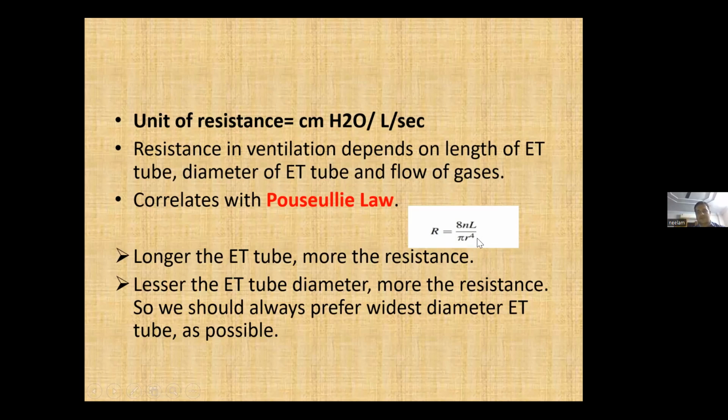Suppose you reduce the diameter of your endotracheal tube to 1/4, the resistance will increase by 16 times, that is 4 to the power of 4. So that is why you have to choose the widest possible endotracheal tube for the size of the baby.